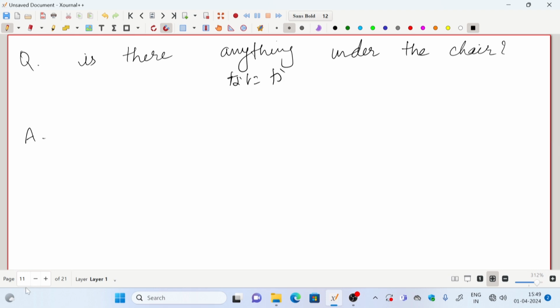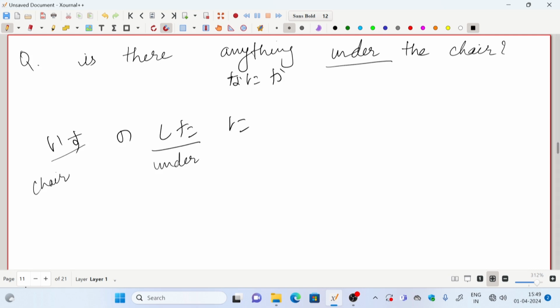So first let's translate it into Japanese. Under the chair will be isu no shita ni. Shita is under, isu is chair, isu no shita ni. Ni is for location. Nani ka, is there something? Arimasu ka. Isu no shita ni nani ka arimasu ka?